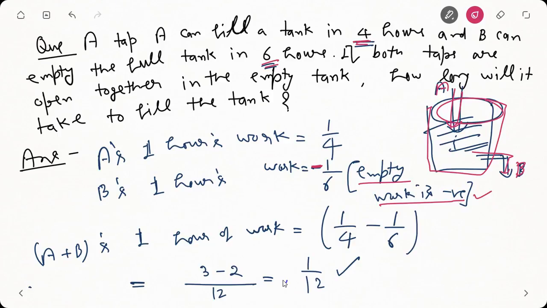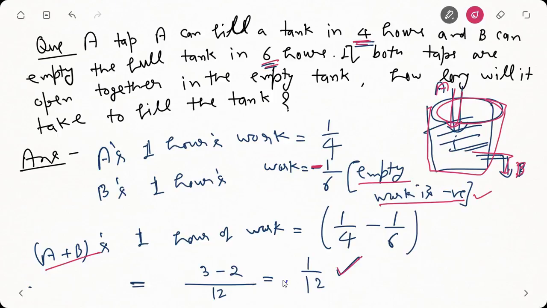So the cumulative work of A and B in 1 hour would be 1 by 4 minus 1 by 6. We'll take the LCM, that is 12. 4 3s are 12, so 3, minus 6 2s are 12, 2. So this is 1 by 12.